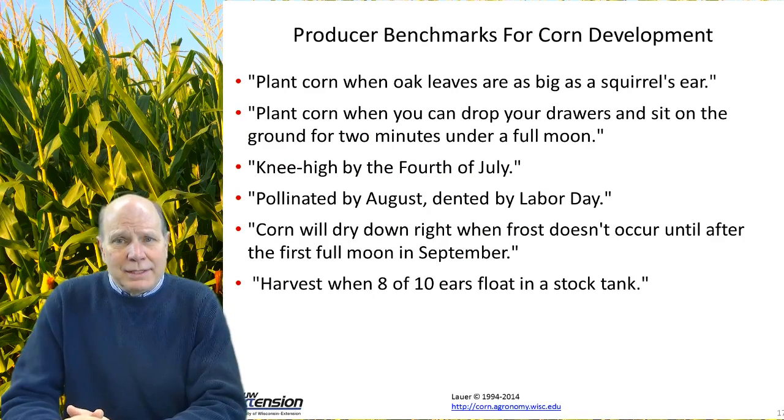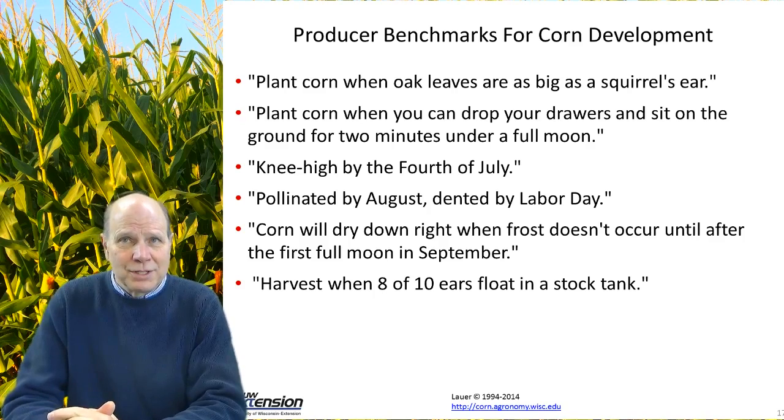Now, one of the things that we use in agronomy and entomologists use, weed scientists use, everyone who grows crops uses is some sort of a benchmark or clock, if you will, for calculating how corn grows and develops. And farmers have a lot of different sayings that they use to schedule various operations during the growing season.